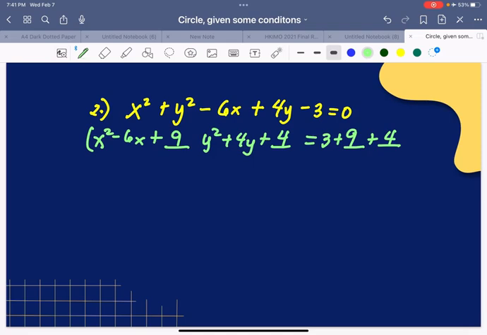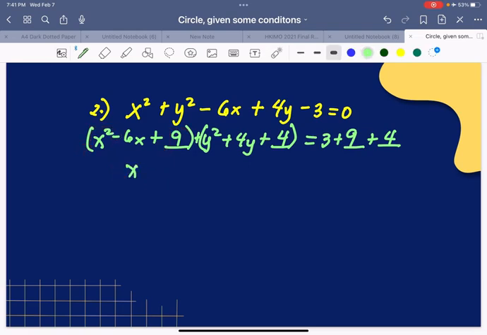Then factor now this. Okay, x squared minus 6x plus 9. So square root of x squared is x, minus, square root of 9 is 3.